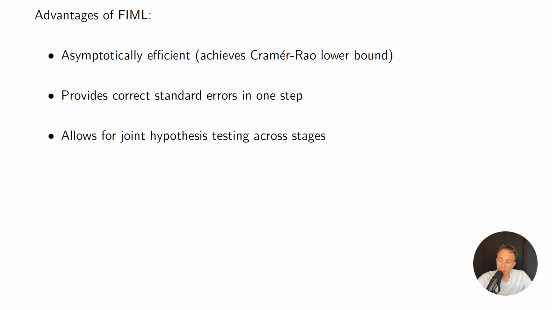If we use FIML, we can also test hypotheses that go across the stages of the estimation. Another way of saying that is that we can recover the variance covariance matrix for parameters that enter different stages. Whereas if we do them stage by stage, then we won't be able to get that covariance unless we do something like bootstrapping.